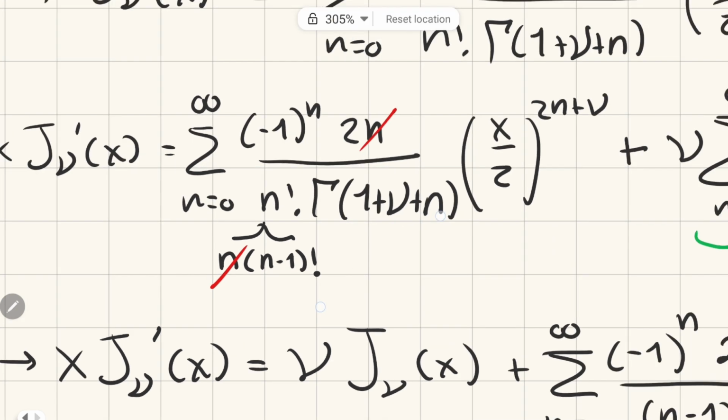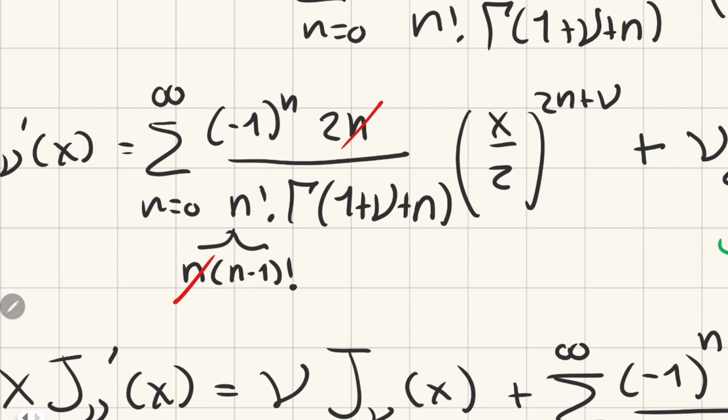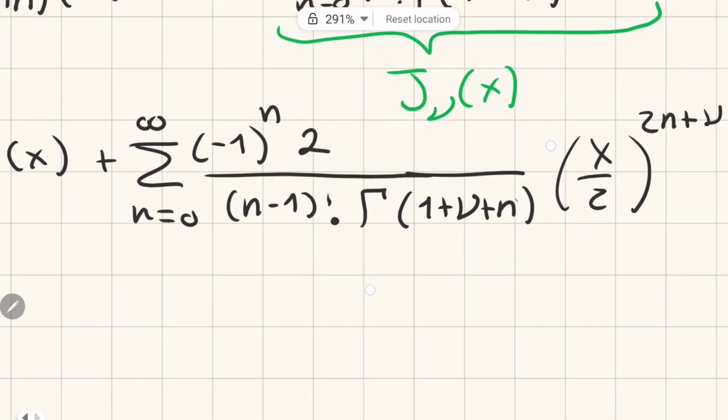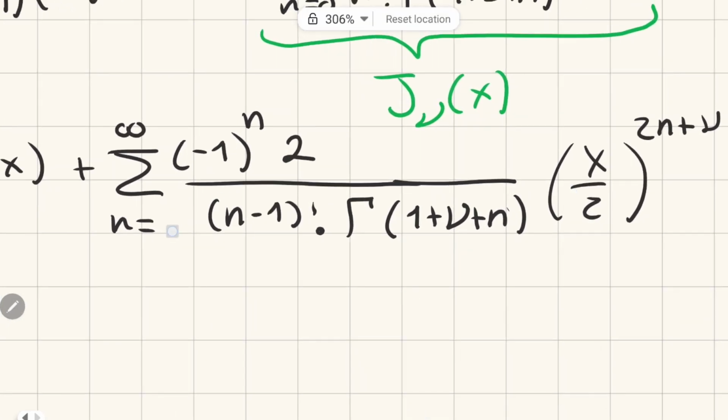So if we take the element of the sum n equals 0, we will only get 2 times 0, so that is 0. That means that all this sum actually can start at n equals 1, because the 0 element is just 0. So the sum that I wrote here doesn't start at 0. It starts at 1, right?